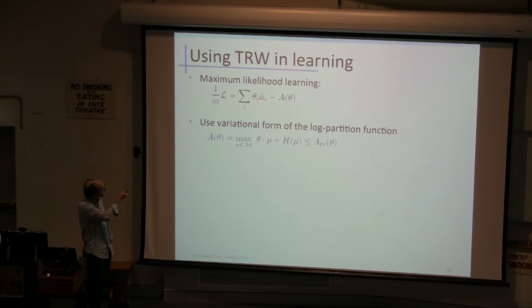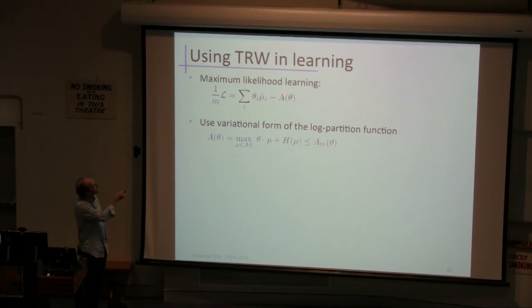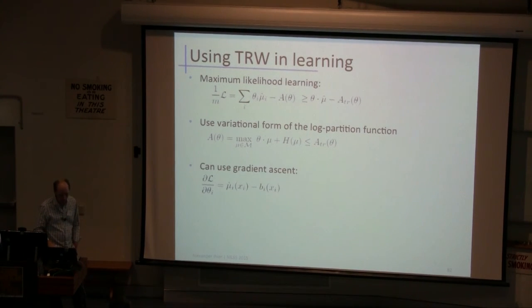So if this is your log likelihood, but this log partition function is difficult to evaluate, you can substitute the log partition function with this variational form and use this reweighted upper bound, which means that you're optimizing a lower bound on the likelihood. This is nice because you're at least ensuring that your data are at least as likely as your approximation is.